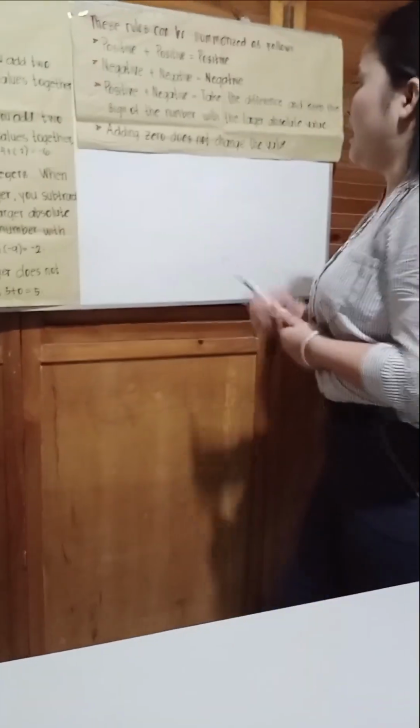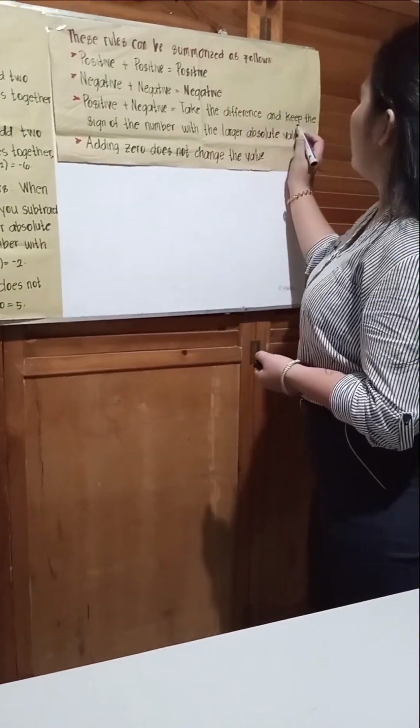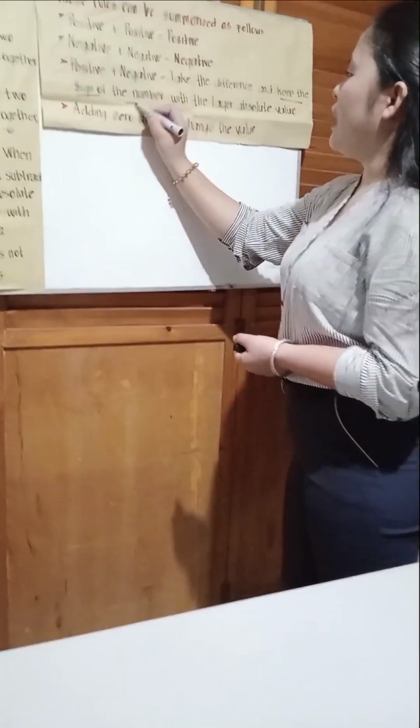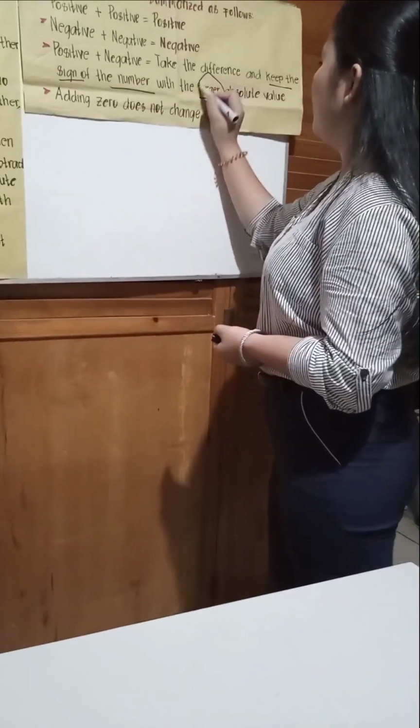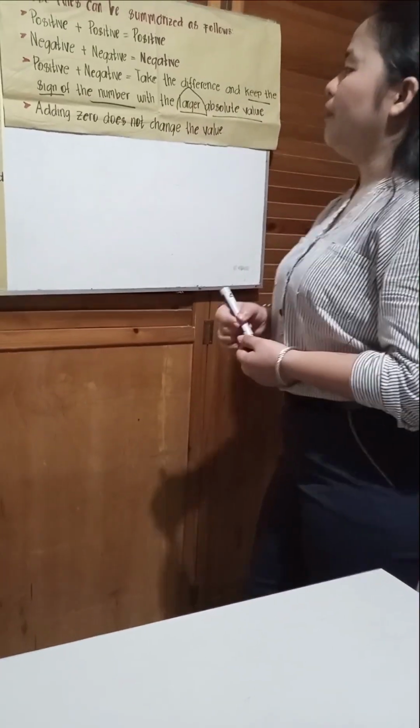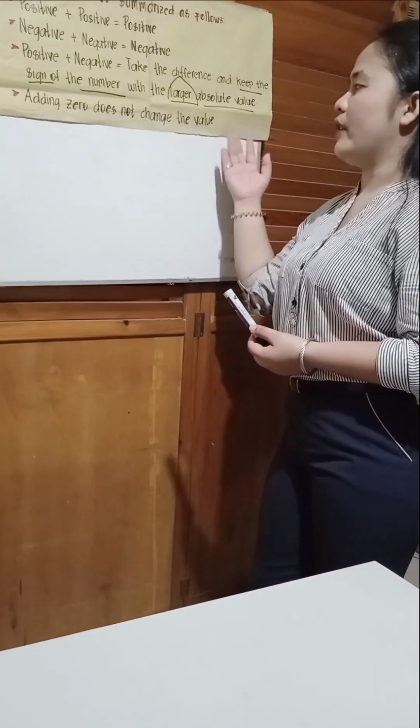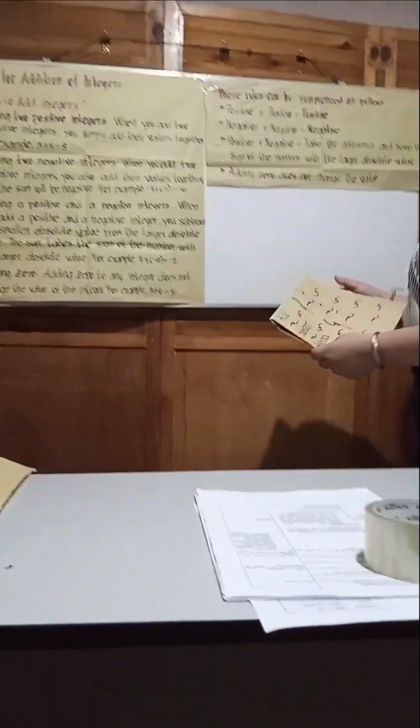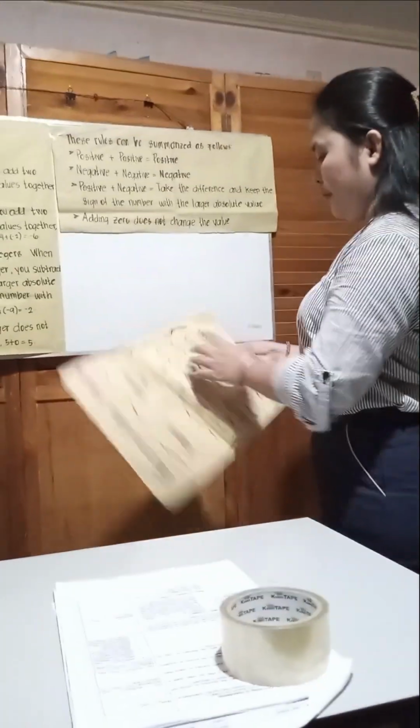Always remember this one, okay? Keep the sign of the number with the larger absolute value. Adding 0 does not change the value. So here, another rule can be summarized for addition of integers.